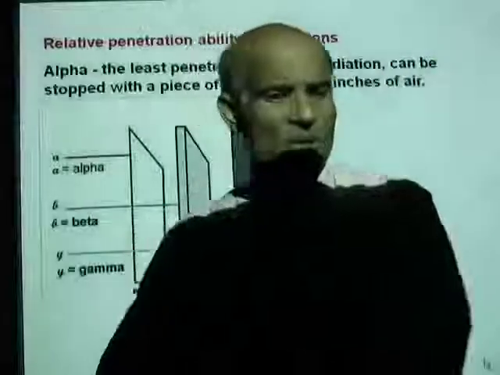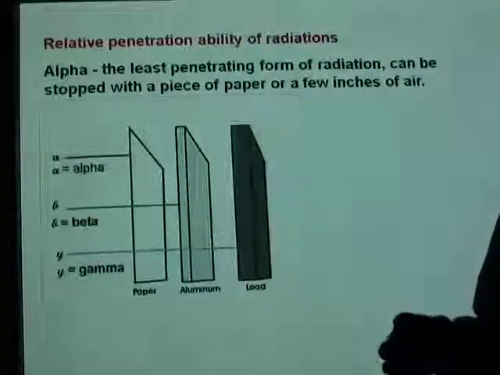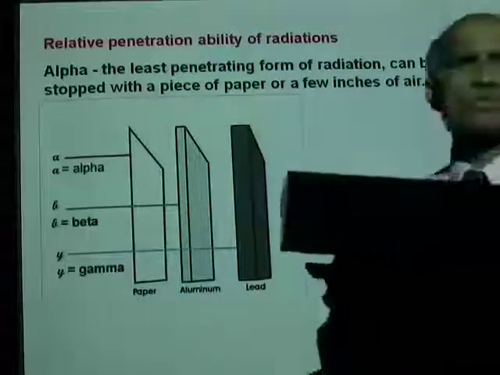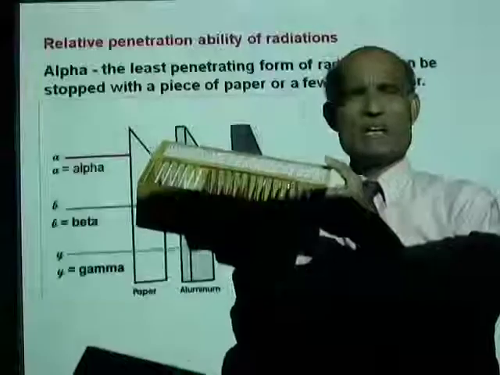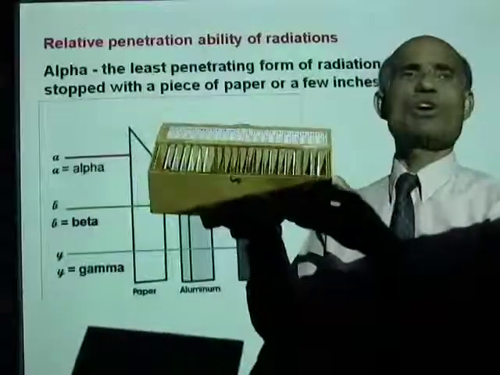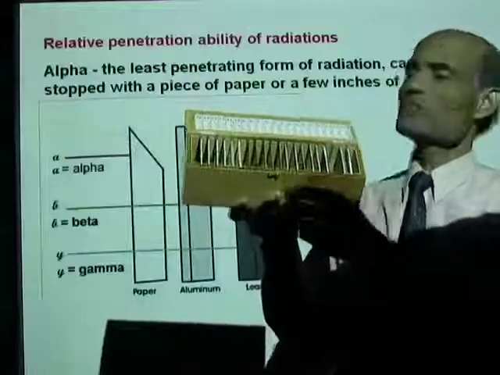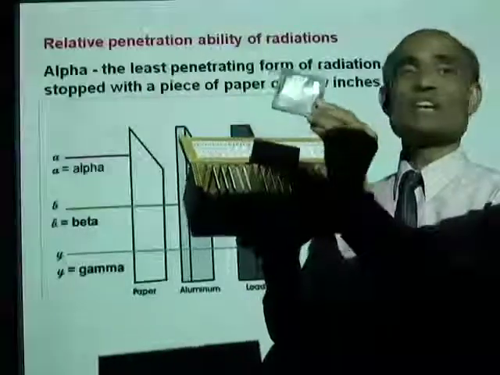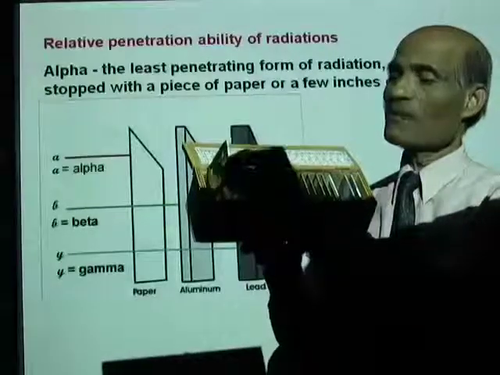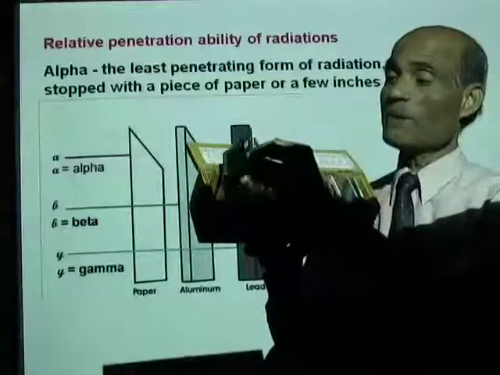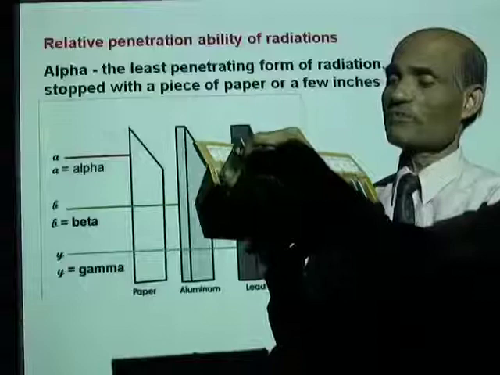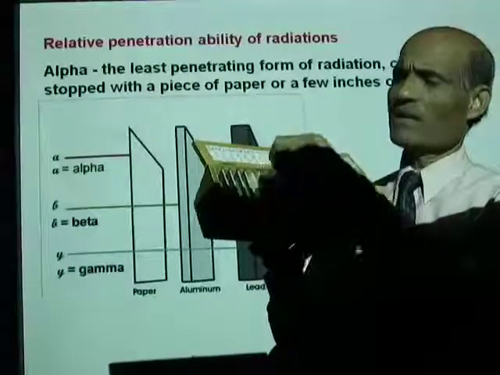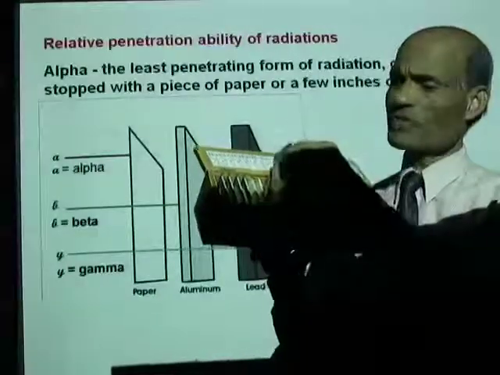In fact, I have a box of materials here which can be used for the penetration ability of these. Here I have aluminum that can stop alpha and beta radiations. Well, I have a sheet of aluminum, thick one.